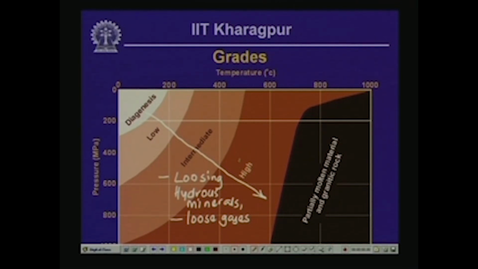We will also see later that in this direction we will start typically from clay minerals. There may be some quartz and other stable minerals also in the rocks that we begin with, but these clay minerals are going to evolve into chlorites.